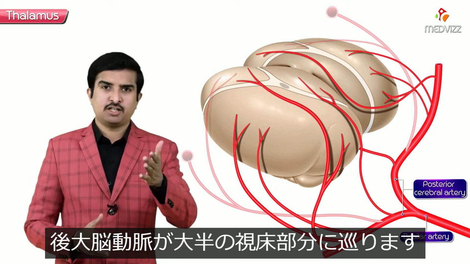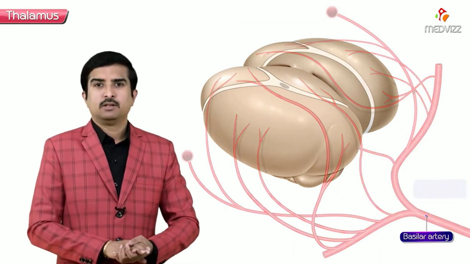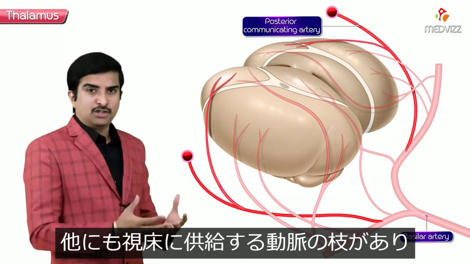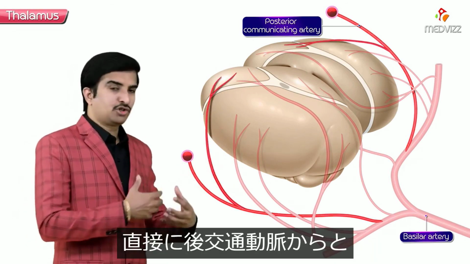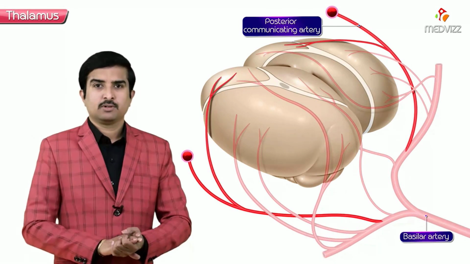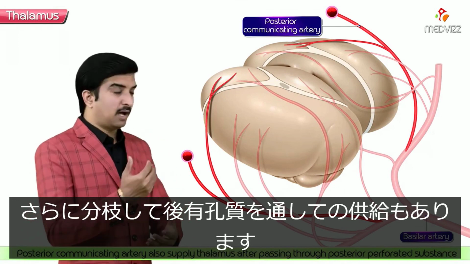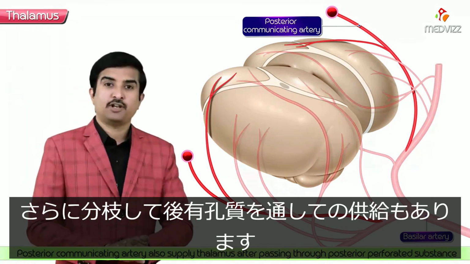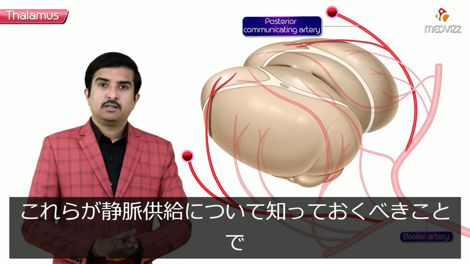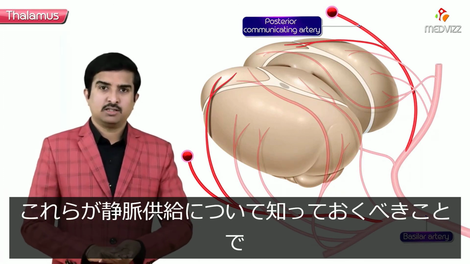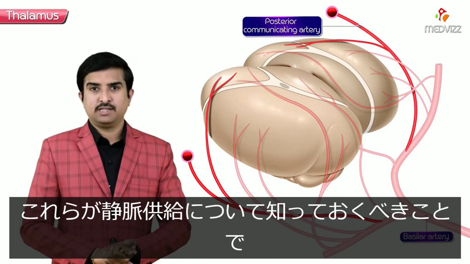There are other contributing branches from the posterior communicating artery, which also supplies the thalamus after passing through the posterior perforated substance. So this is what we need to know about the arterial supply of the thalamus.